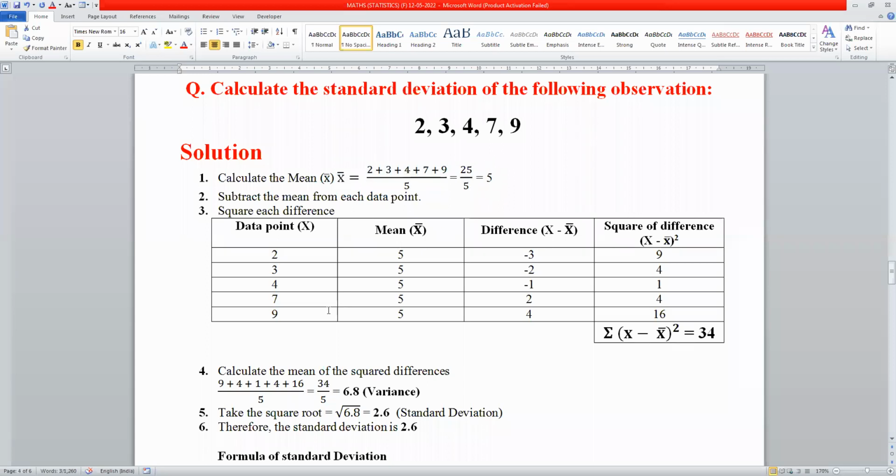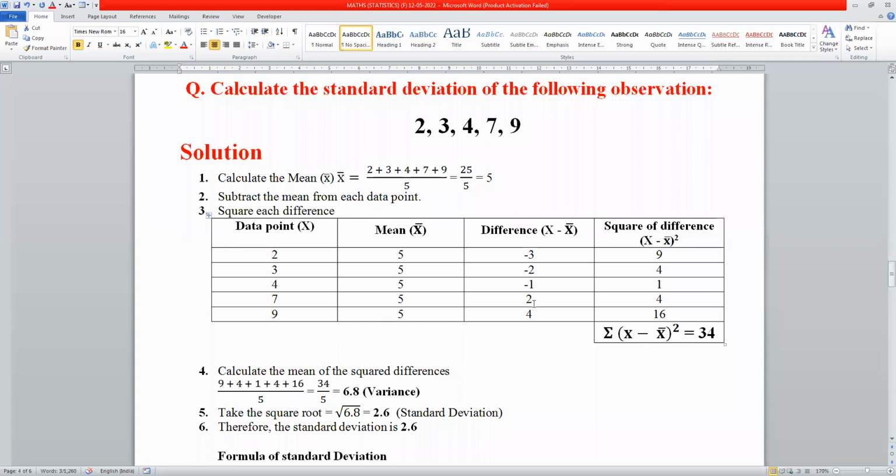Then the next step: you have to subtract the mean from each data point. 2 minus 5 is minus 3. 3 minus 5 is minus 2. 4 minus 5 is minus 1. 7 minus 5 is 2. 9 minus 5 is 4.